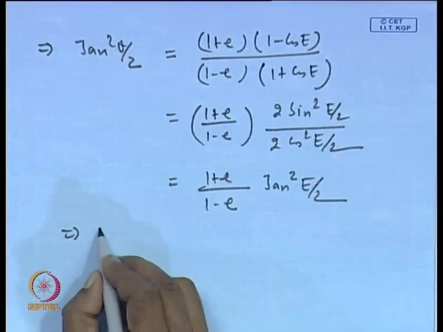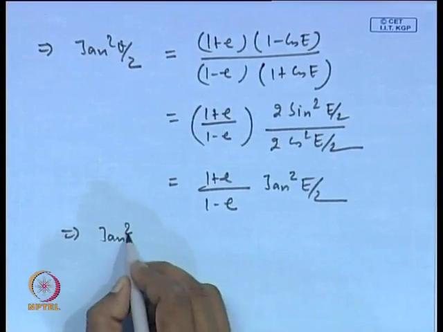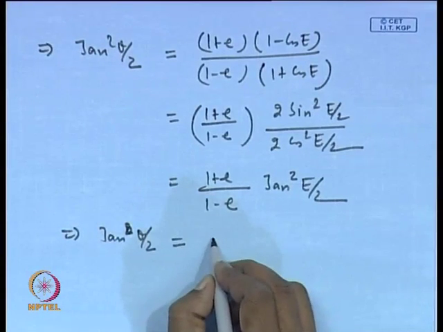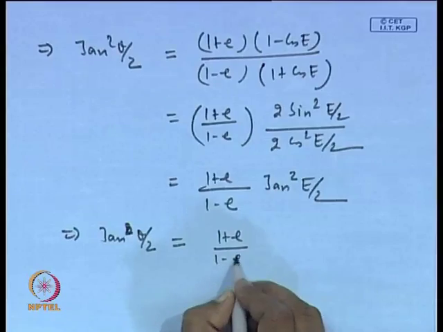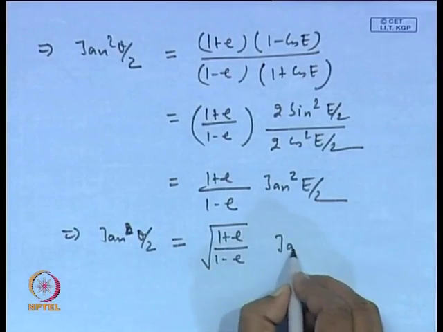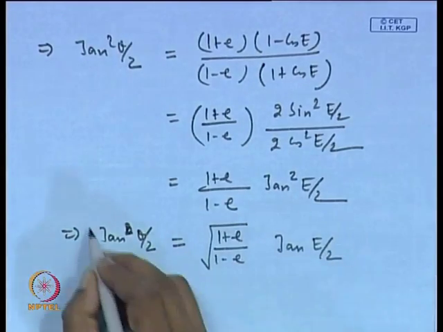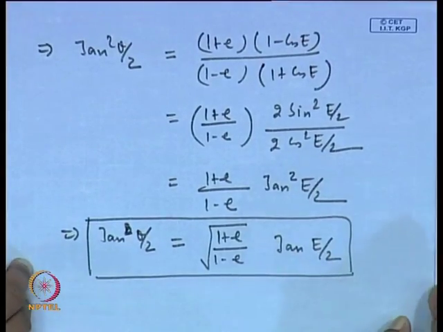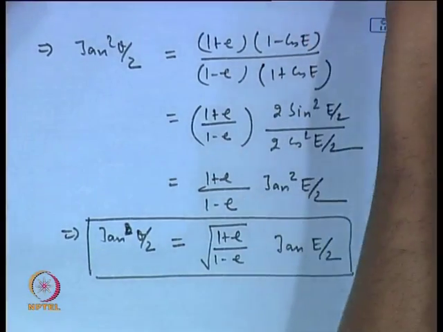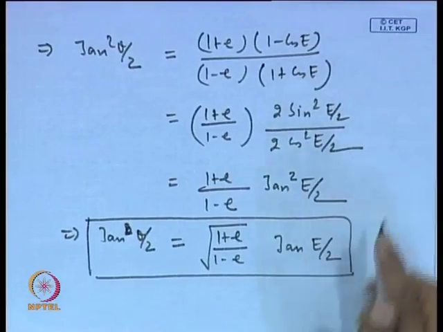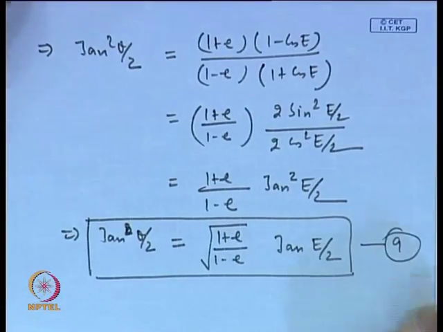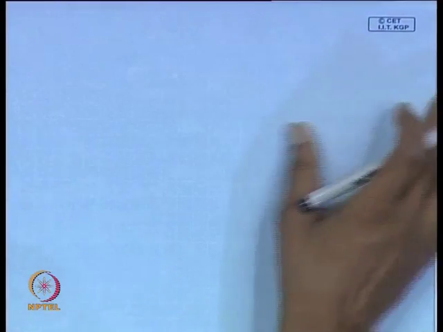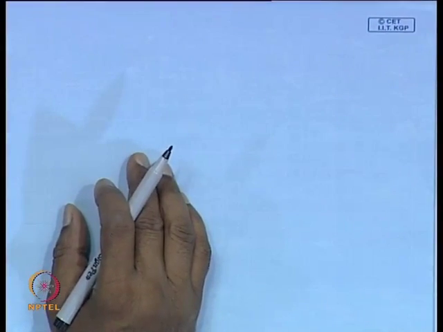So, this implies tan theta by 2 is equal to square root of 1 plus e by 1 minus e times tan E by 2. So, this is the relationship between the true anomaly and the eccentric anomaly, and we number this equation number 9. Okay.